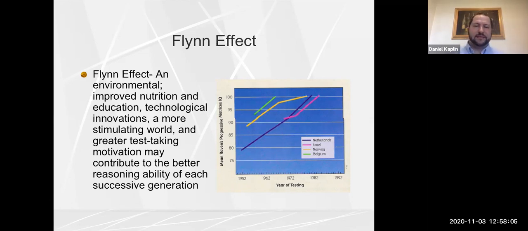That doesn't make sense. And no matter which country you go to, in industrialized nations, we see this increase. Well, the answer is simple. The environment changed. We have greater emphasis on education, improved nutrition, technological advances, culture has shifted to focus on test-taking motivation. All of these things predispose you to perform better in IQ than your parents. So that's a purely environmental fact.